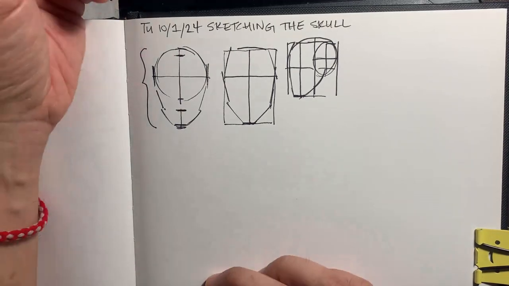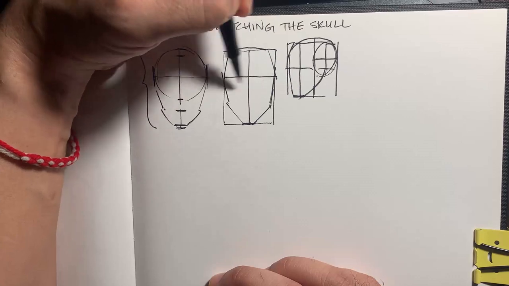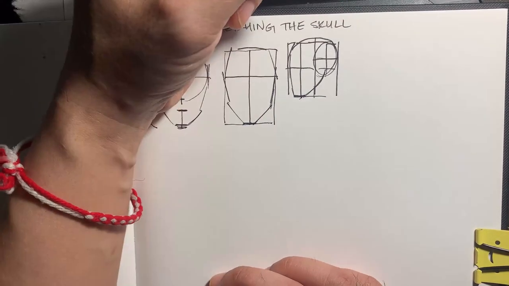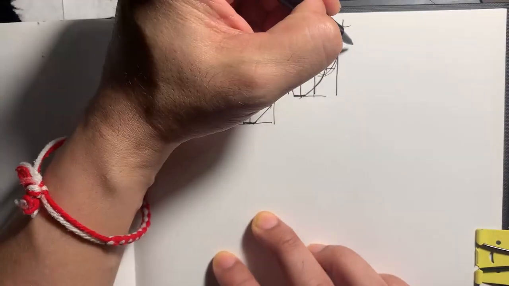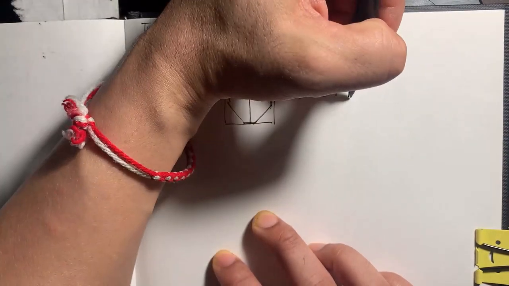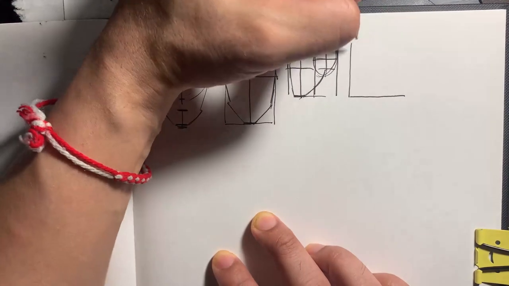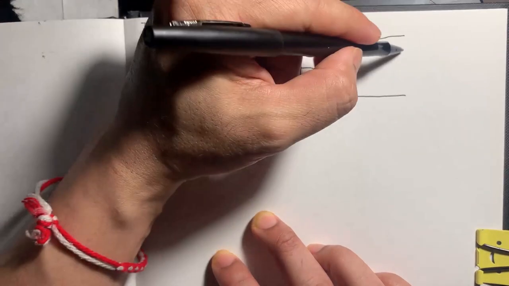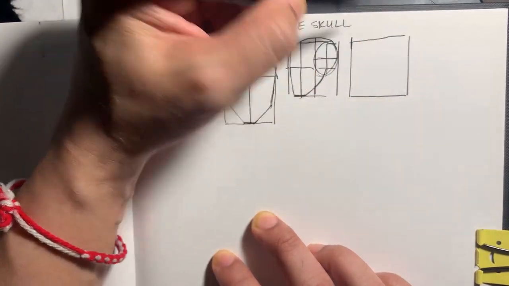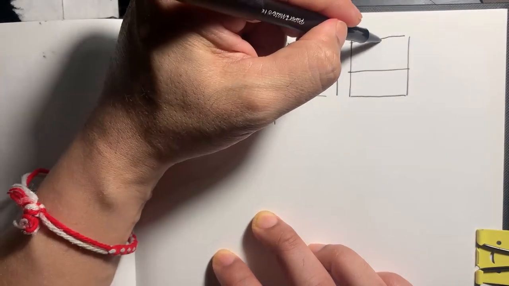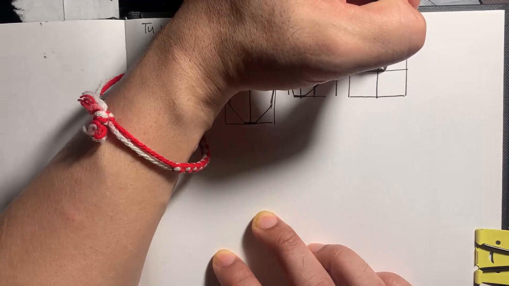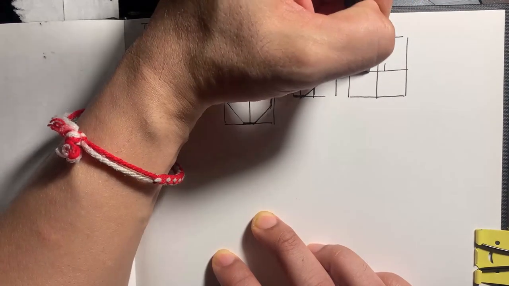And then the other way would be, if you didn't use this as the brow, you could start with a more square shape and then have that be the eye.